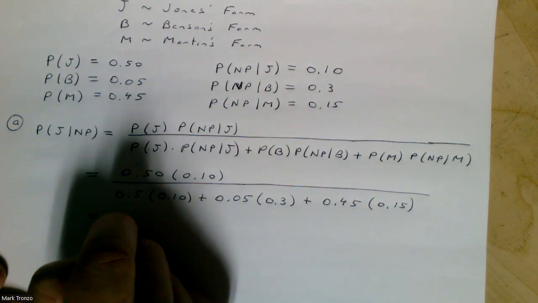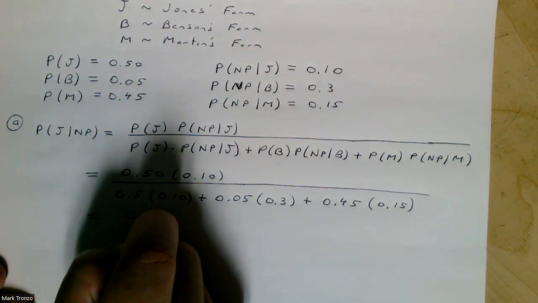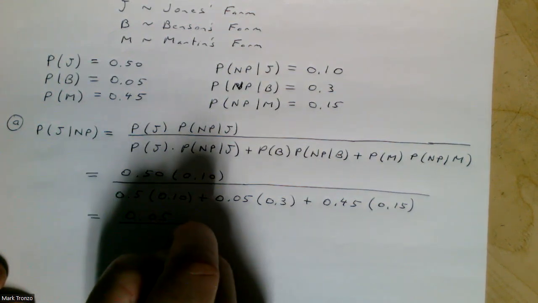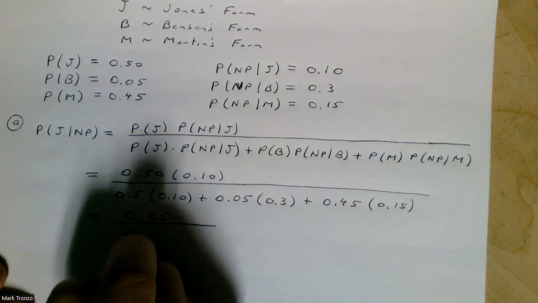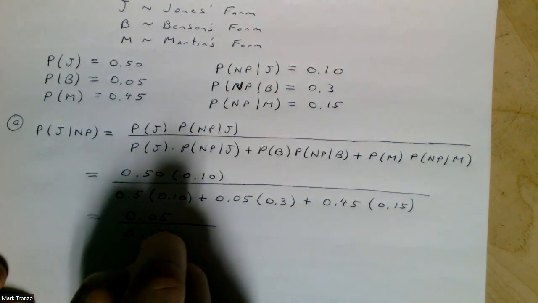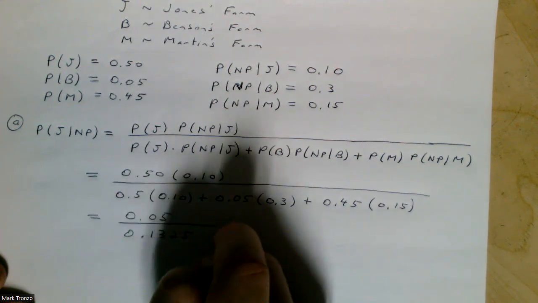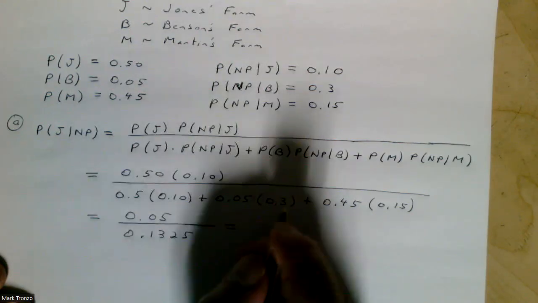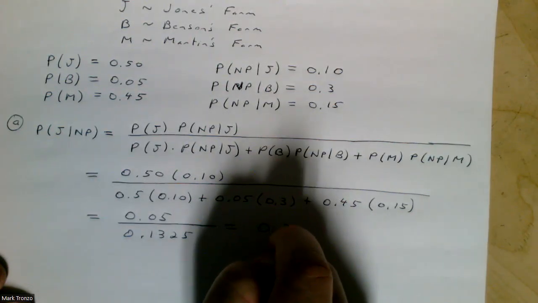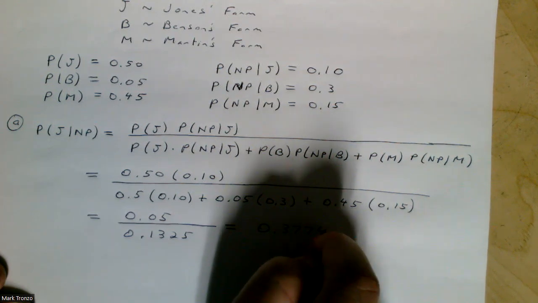And if we multiply these out, this is going to be 0.0325. Excuse me, 0.1325. So the answer is 0.3774.